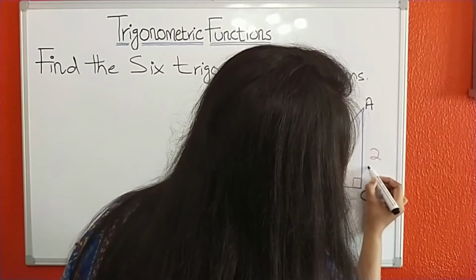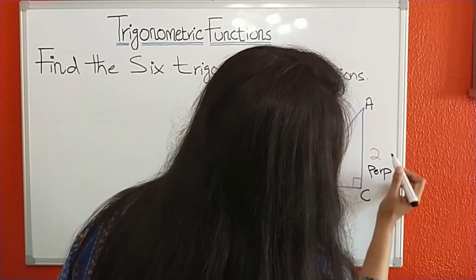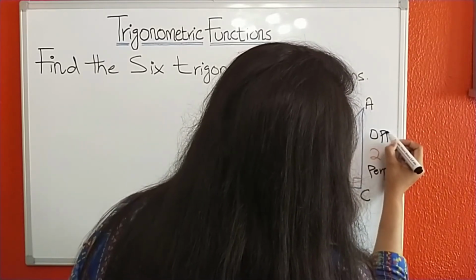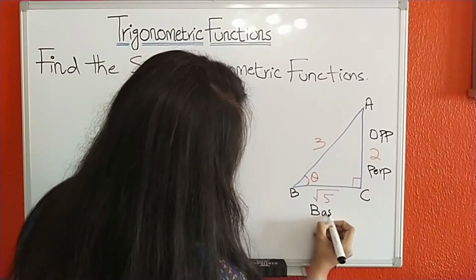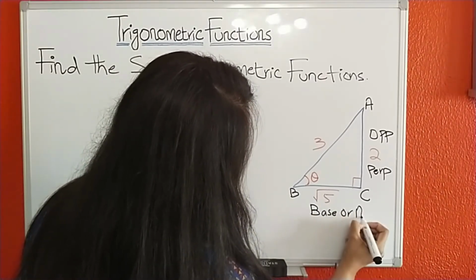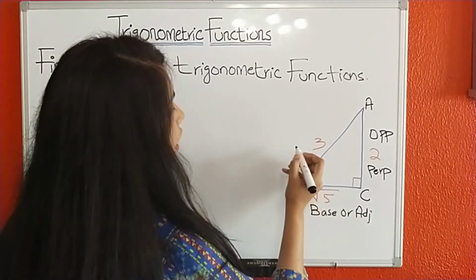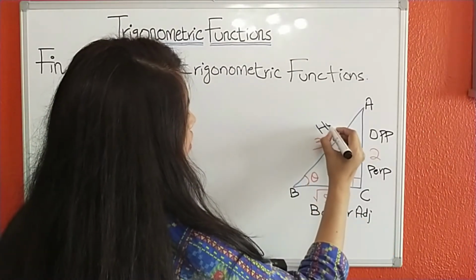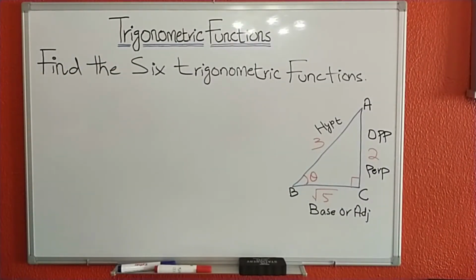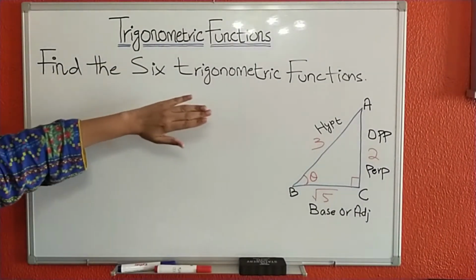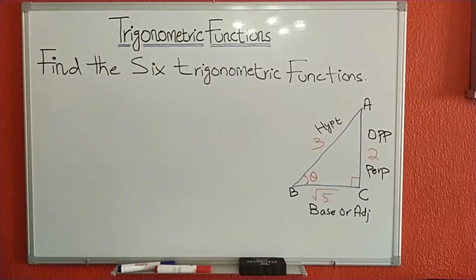It is perpendicular or opposite, and it is base or adjacent, and it is hypotenuse. So I am going to find the six trigonometric functions or the six trigonometric ratios.